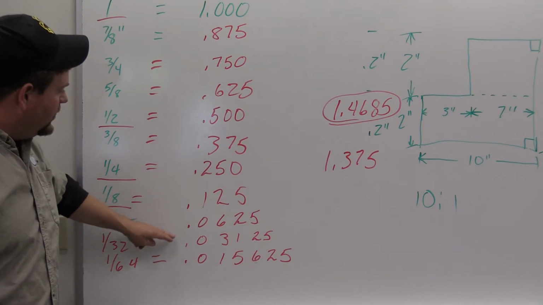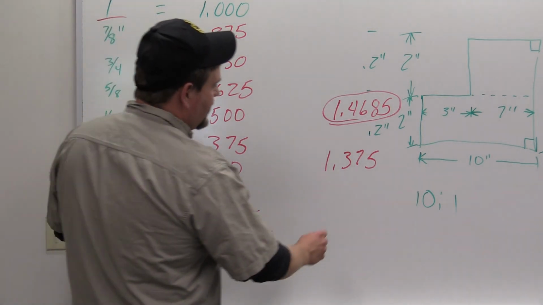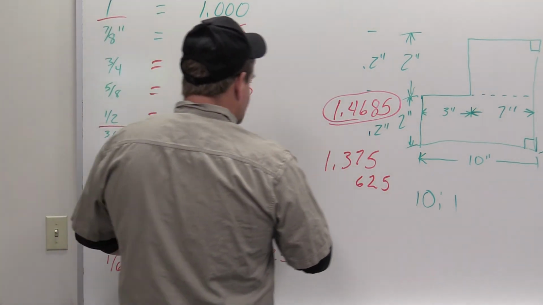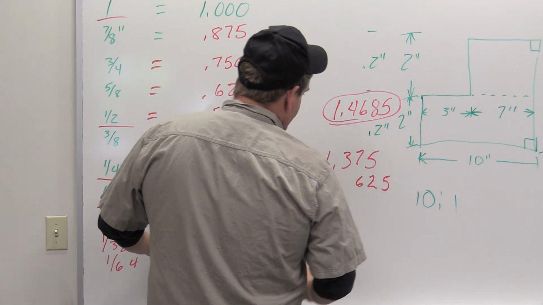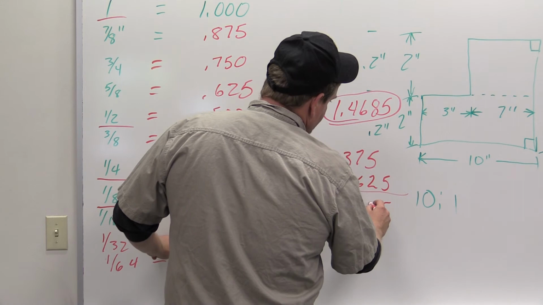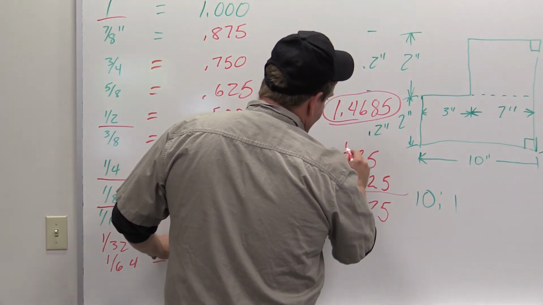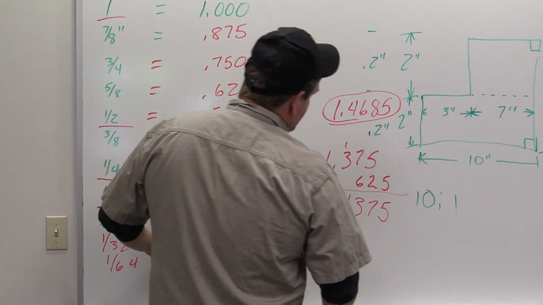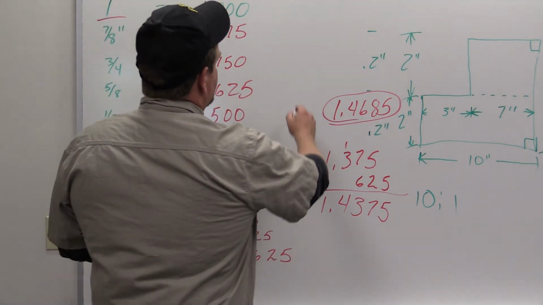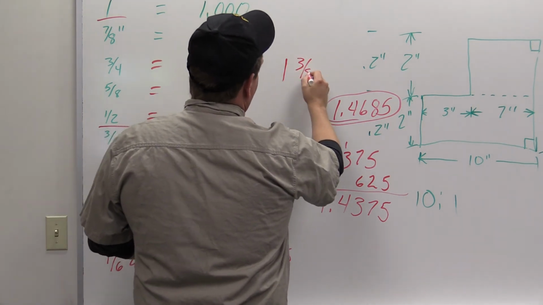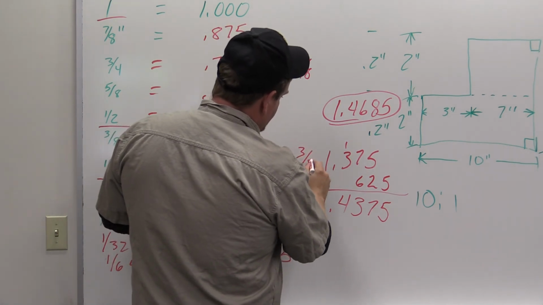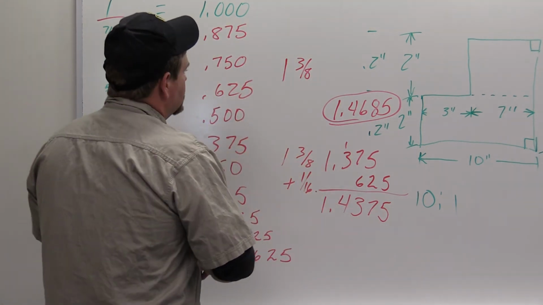We need to add, so let's say we add 0.0625, which is 1/16 of an inch. Okay? Now we have 1.4375. Okay? That's good. So to begin with, we had 1 3/8 right here. Plus 1/16 puts it to that.